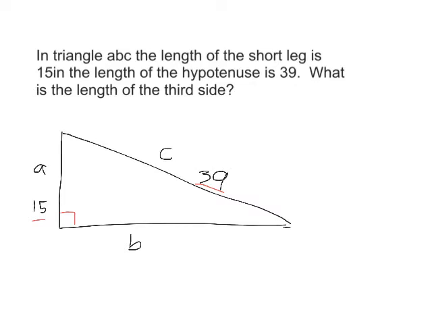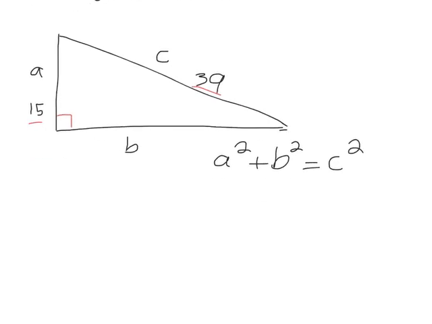Now, we write down the Pythagorean theorem formula. A squared plus b squared is equal to c squared, and then plug in 15 and 39 for a and c respectively. So a is going to be 15 squared plus 39, I'm doing the wrong thing.